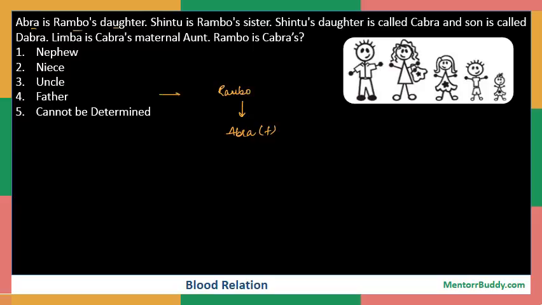Please see, this is one generation and this is second generation, and thus there is a vertical line between them, and because Abra is a daughter, I'm just going to mention it. The next line says Shintu is Rambo's sister. Now Shintu becomes Rambo's sister, and therefore on a horizontal line Shintu becomes Rambo's sister.